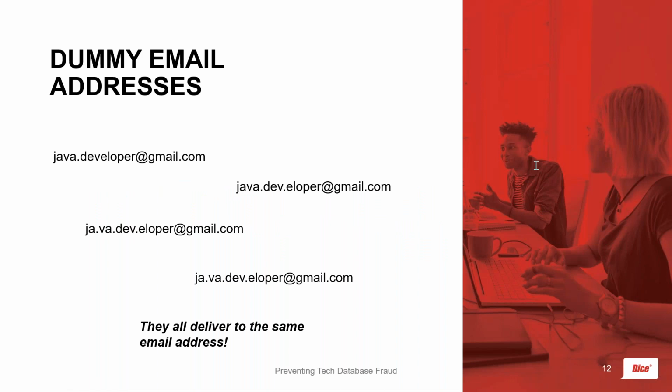So I'm showing you a few different email addresses here, but this is a case where if you've had a chance to look at a lot of email addresses, you notice there's something a little bit fishy about these. And in this case, it looks like they're different email addresses, and to a system, they are, except for the fact that Gmail has this little follow-through rule where if you've got a dot anywhere in your name, it actually ignores the dot and will send it to the same email address.